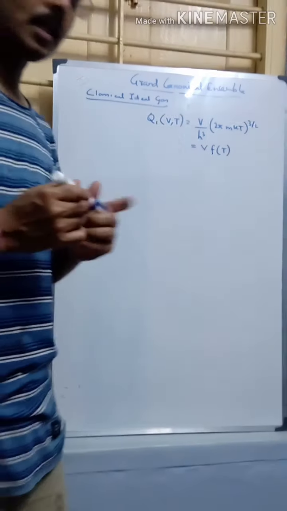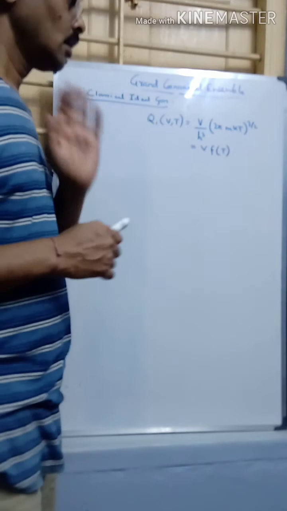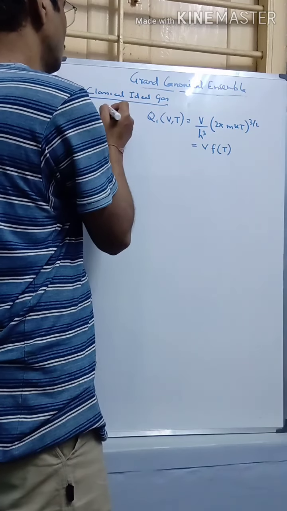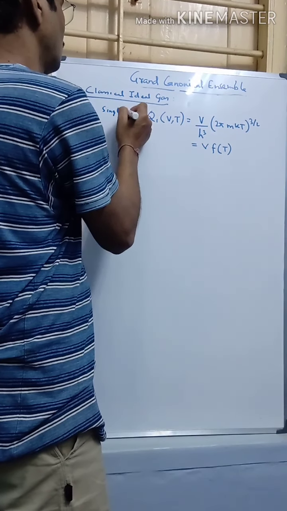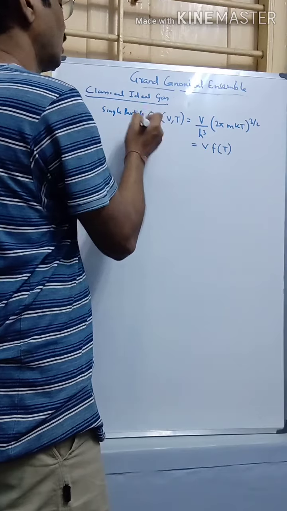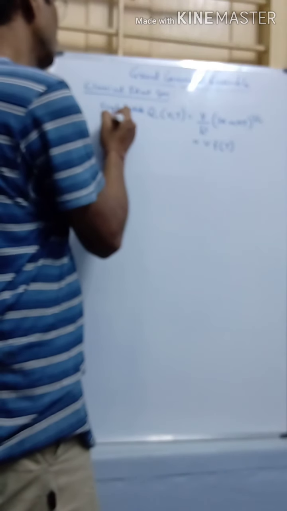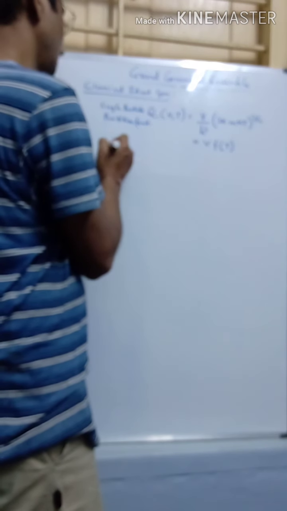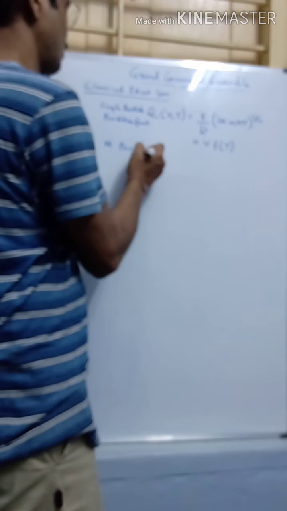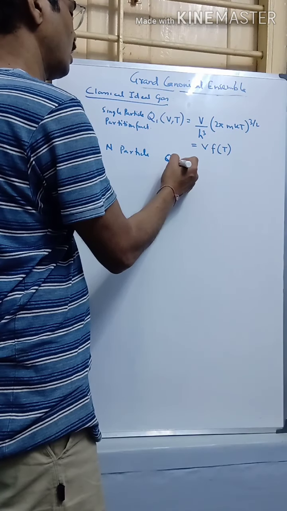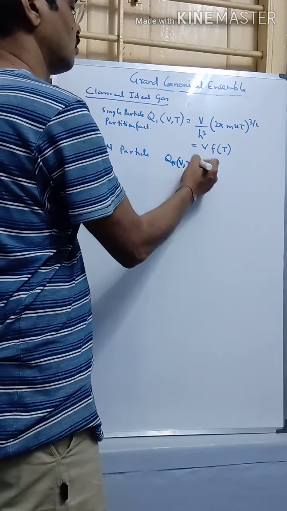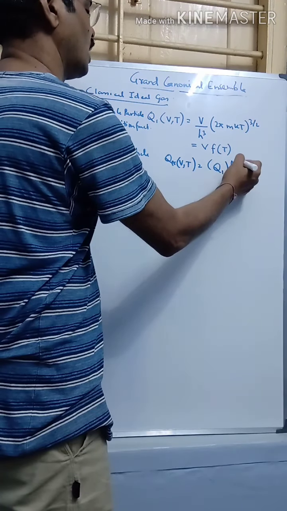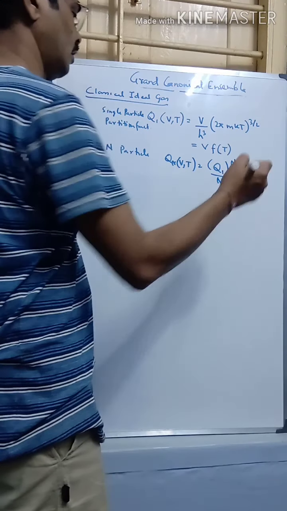I am writing this in general form, some function of T, because I am now going to claim that for N particles, so this was a single particle partition function, and now for N particles we have Q(N,V,T) equal to q1 to the power N divided by N factorial.